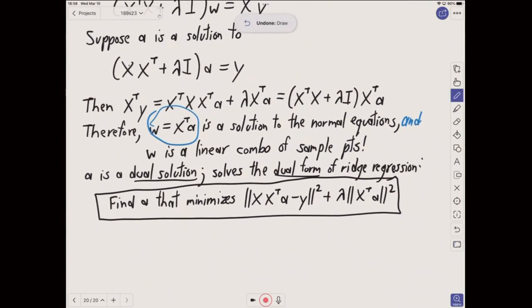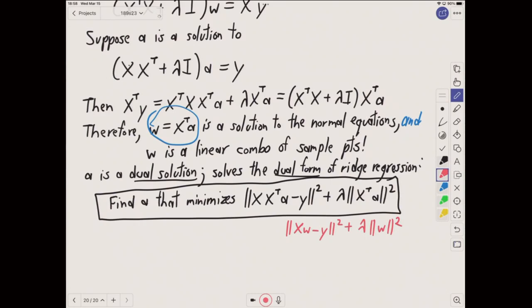And you might ask, where did this objective function come from? Well, just remember that the primal ridge regression objective function is just the norm of Xw minus y squared plus lambda times the norm of w squared. That's our standard ridge regression cost function.